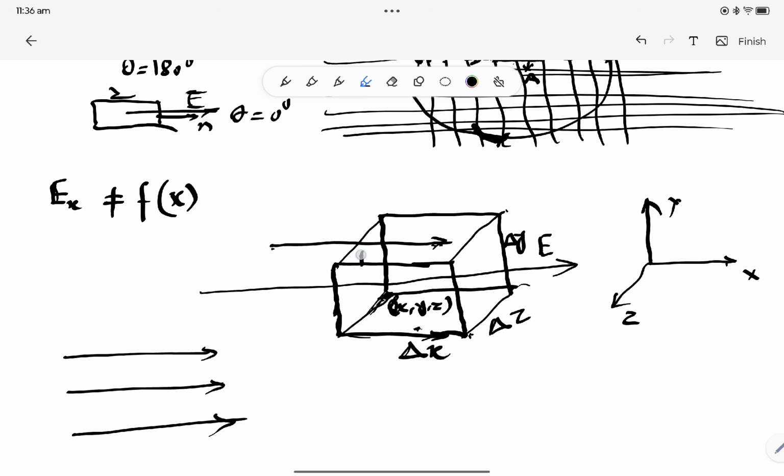Let me call this face number 1 and this face number 2.